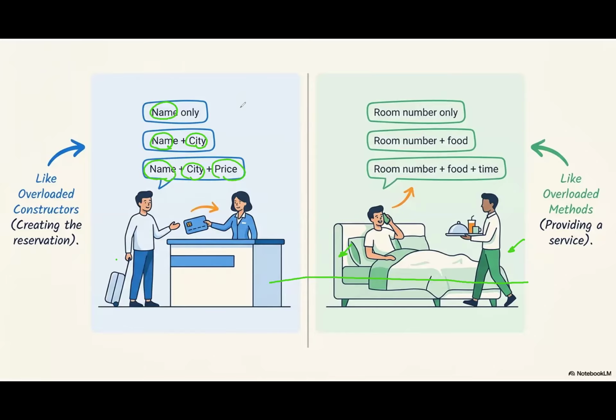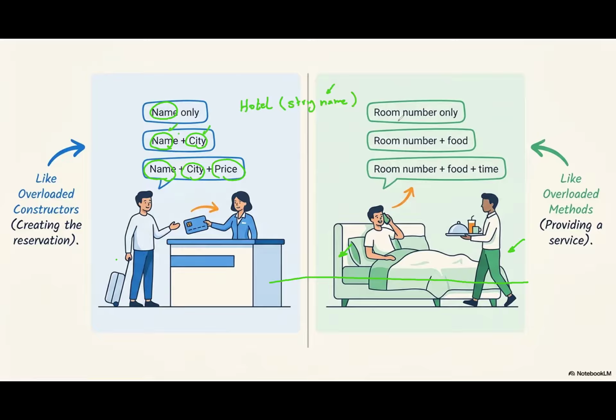So I can use the same concept to do the same with methods. In this case, I created a constructor that takes the same name as the class name, and I put here String name. So that is a constructor that takes only one parameter. And I'm able to create another constructor that takes the name and the city.